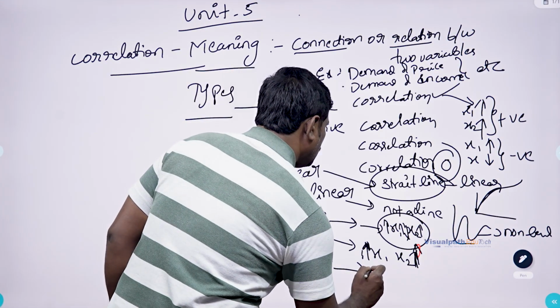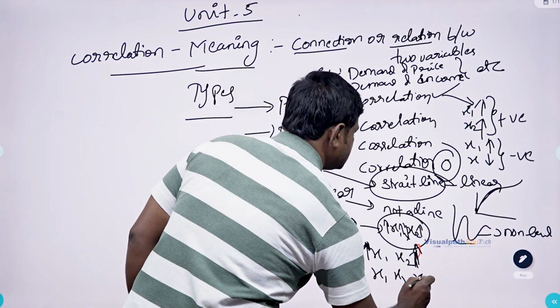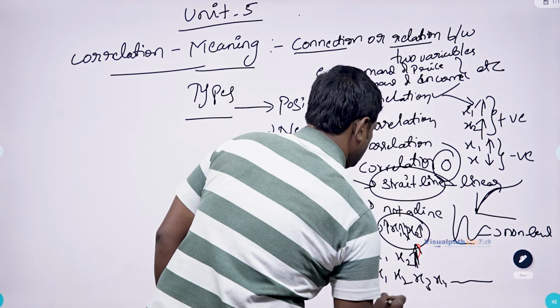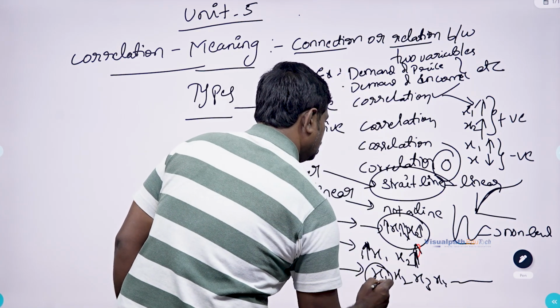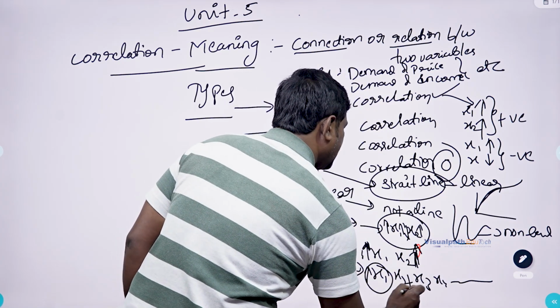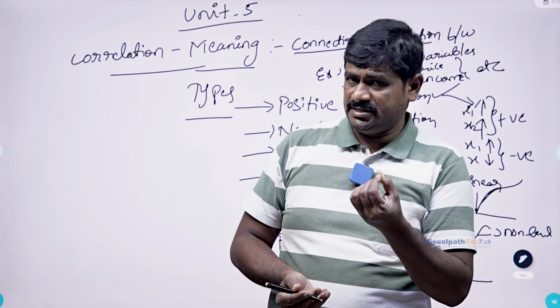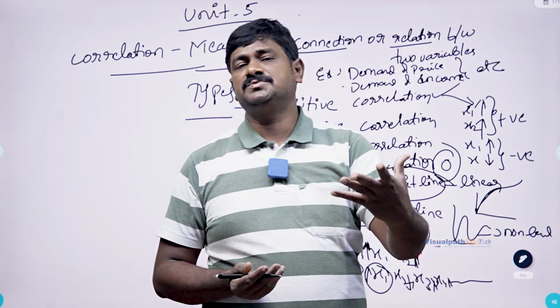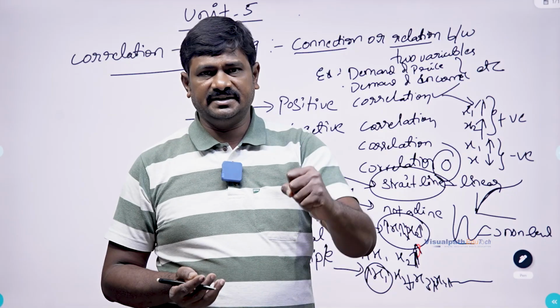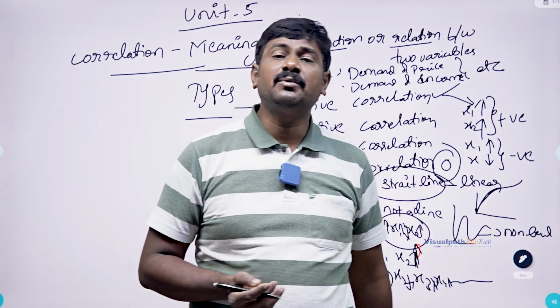And coming to the multiple correlation, with x1, x2, x3, x4 and so on. Here x1 is affected by x2, x3, x4, so n variables, two or more variables, are involved in the situation. That is multiple correlation.